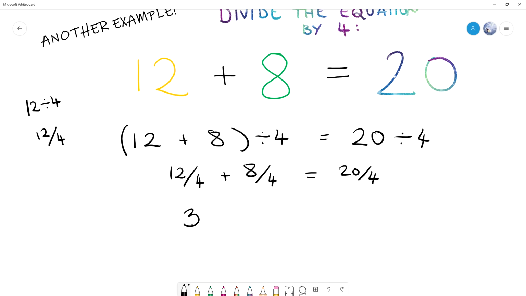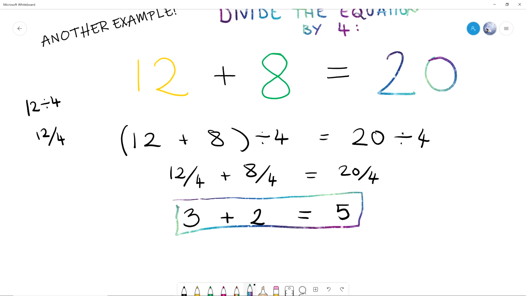And 12 fourths is actually 3. How much is 8 divided by 4? 2. And 20 divided by 4? 5. And what we get is an awesome true equation. 3 plus 2 equals 5, because we divided both sides of the equation by the same number.